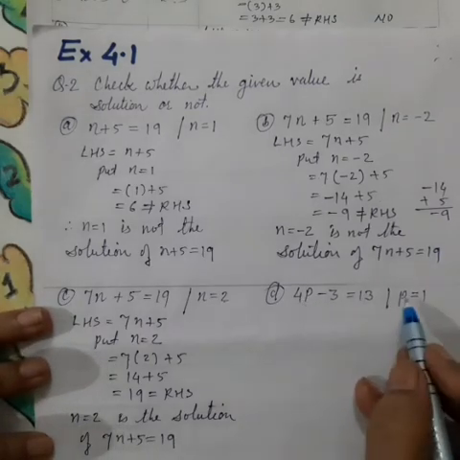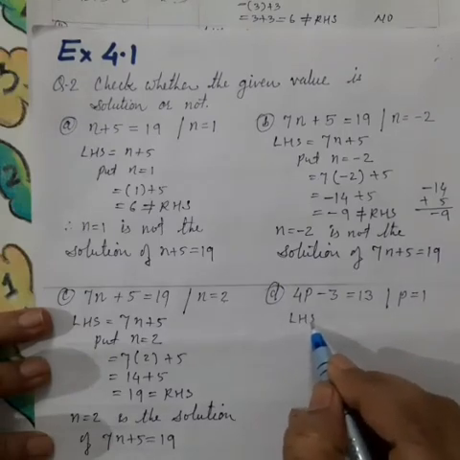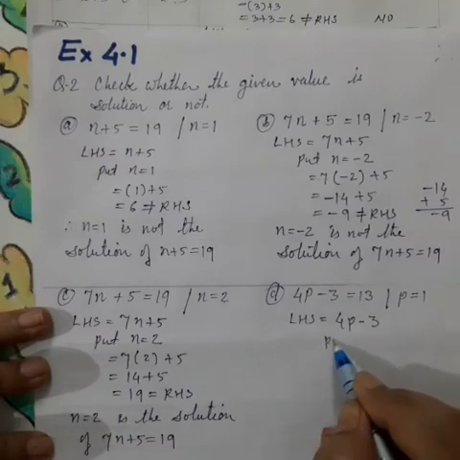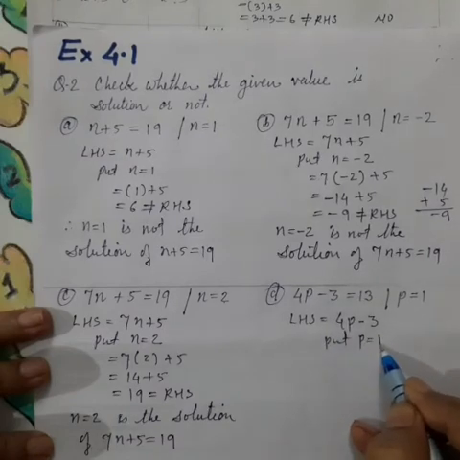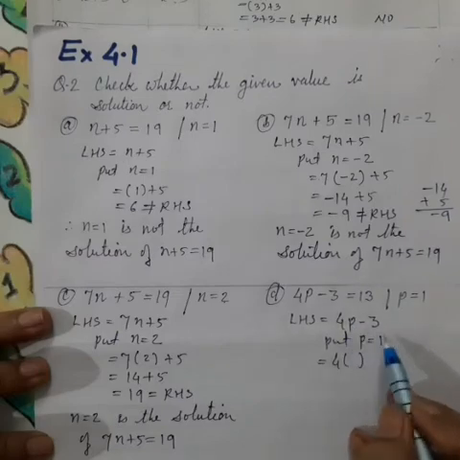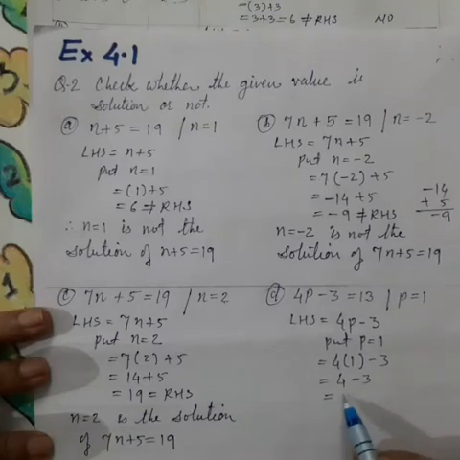Now we have to put p equal to 1. The left hand side is 4p minus 3. Put p equal to 1. So at the place of p, put 1. 4 1s are 4 and minus 3. The answer is coming 1.